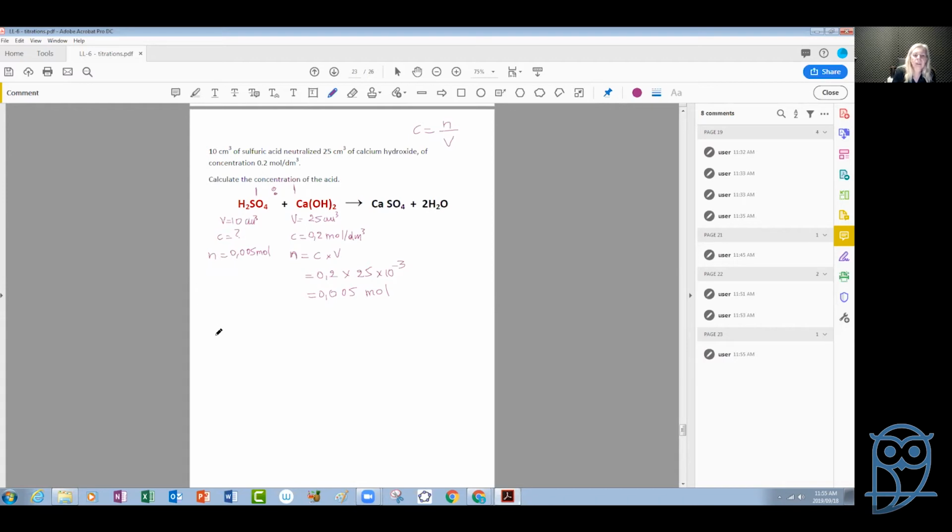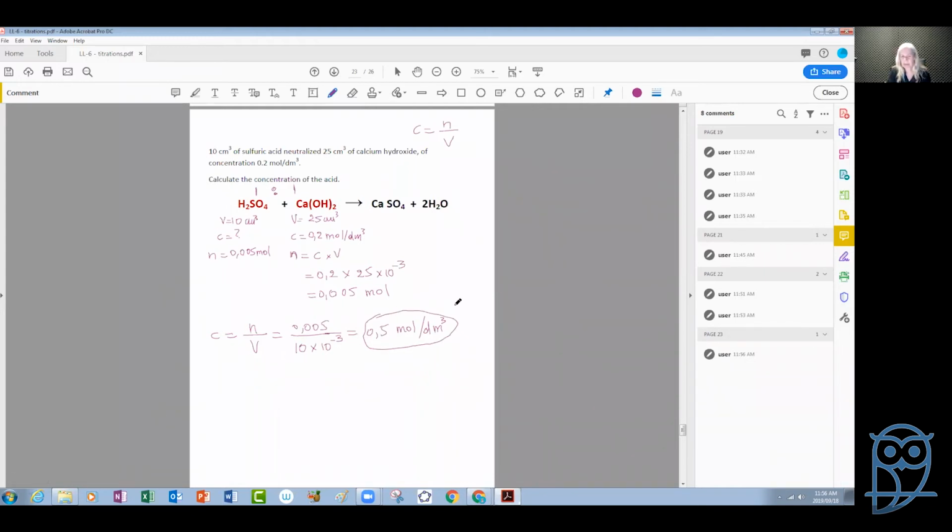Now we can find the unknown concentration of the acid, which is amount over volume. The amount is 0,005 moles. Volume is 10, and change them to cubic decimeters. And these calculations will give us 0,5 moles per decimeter cubed. So this is the unknown concentration.